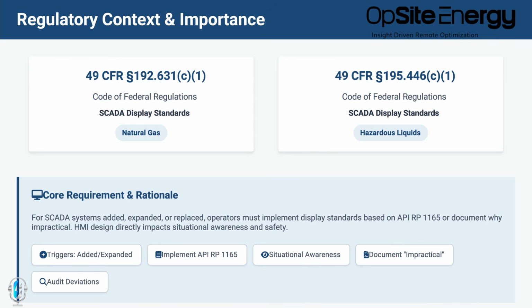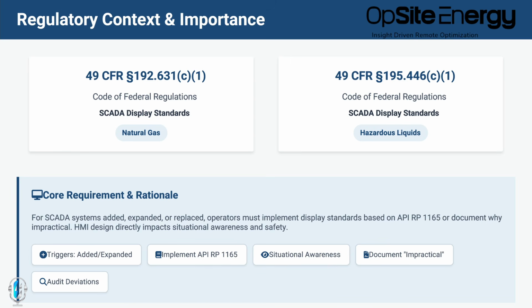Yep. And as we listed out here, as far as requirements, identifying, for your SCADA system, whether that's adding, expanding, or replacing, the importance of that and having that documentation, right? So implementing 1165, the situational awareness here and documentation, and how that works for your operations.